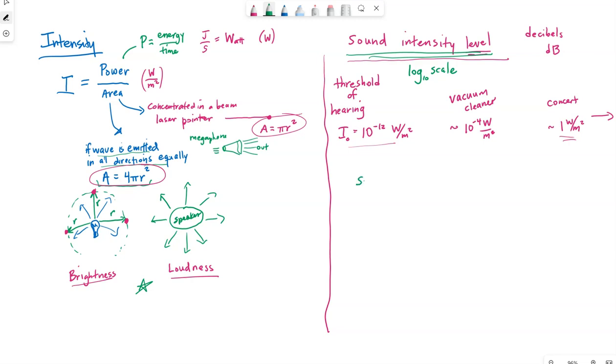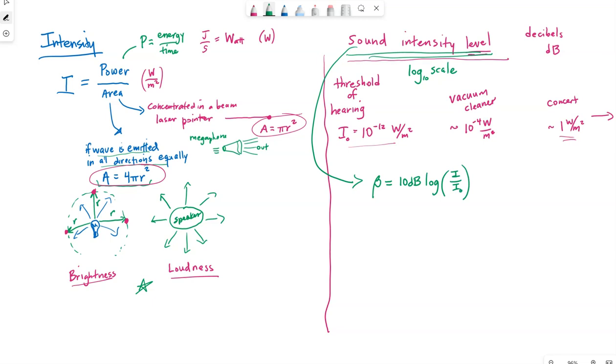For sound intensity level, we use the Greek letter beta to represent it. We can convert an intensity to decibels using this relationship.